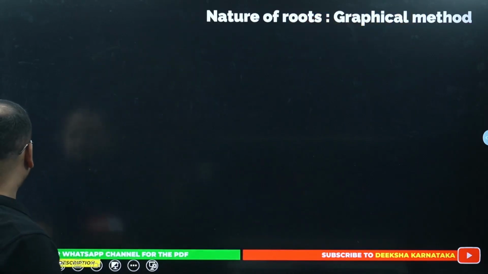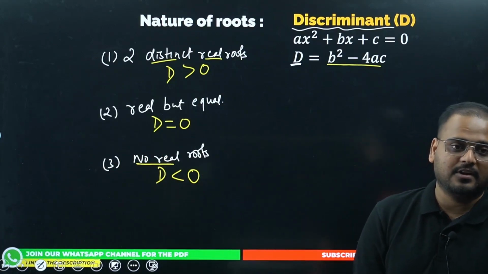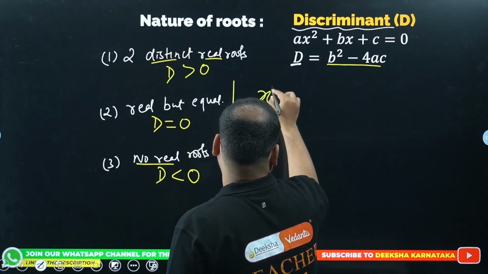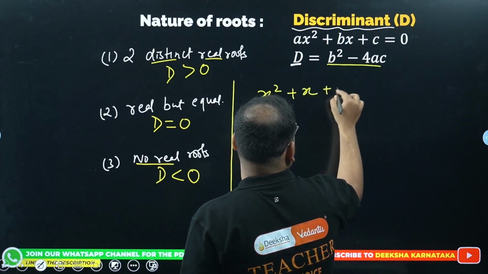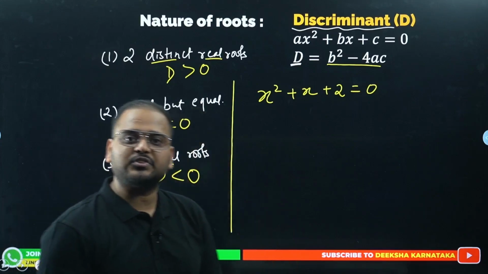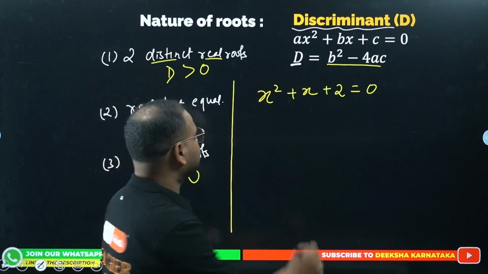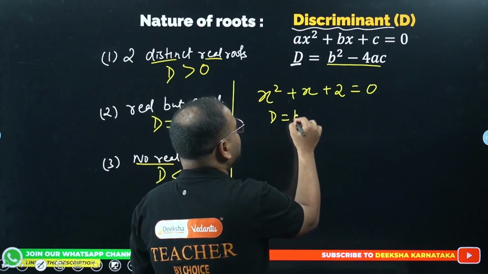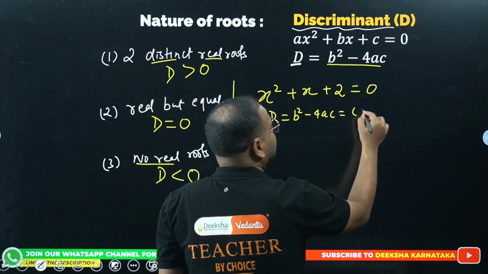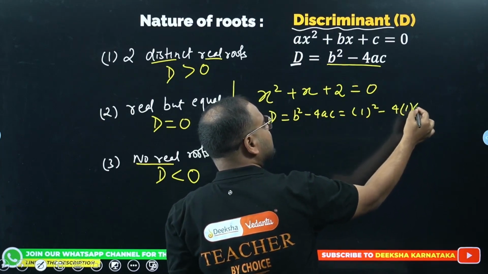Before going into the graphical method, let me take some examples and show you the cases where roots are real or not. X square plus x plus 2 equal to 0. It's a quadratic equation. A is 1, B is 1, C is 2. Let's find the discriminant quickly. D will be B squared minus 4AC. B is 1, so 1 square minus 4 times A, which is also 1, and C is 2.